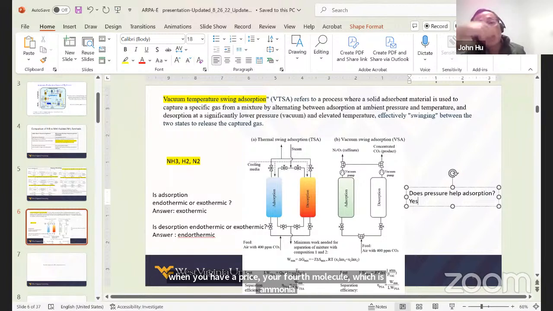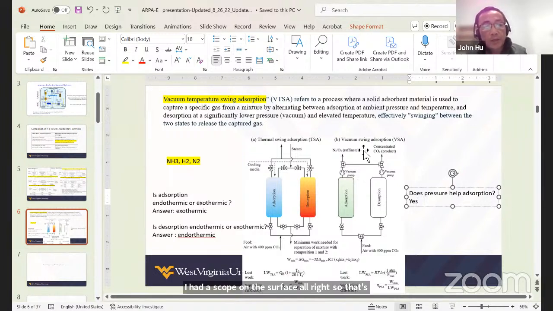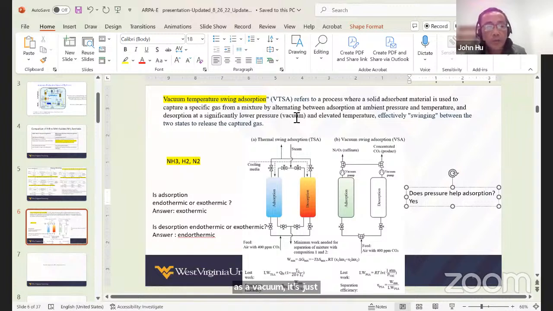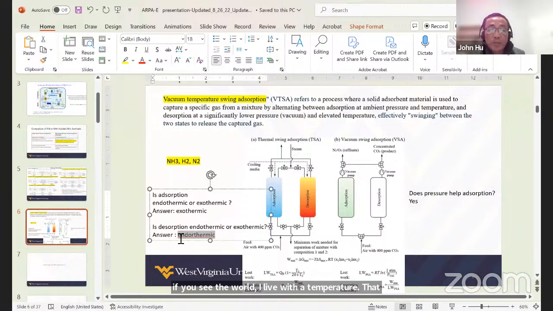So that's why the opposite process is a vacuum. If you want to release the molecule, you need a vacuum, all right? So you apply pressure, adsorb, and you put vacuum, let it release. So if you see the words elevated temperature, that means you increase temperature. Increasing temperature means you basically speed up the endothermic reaction. You follow me?